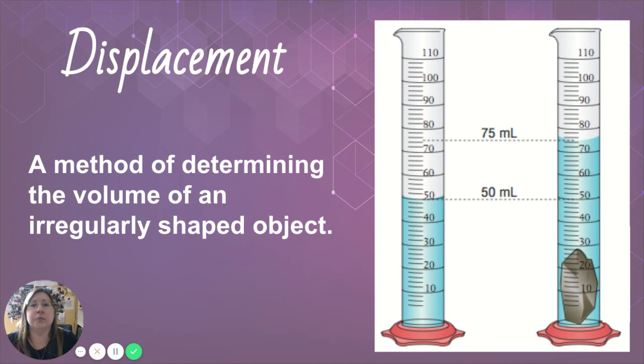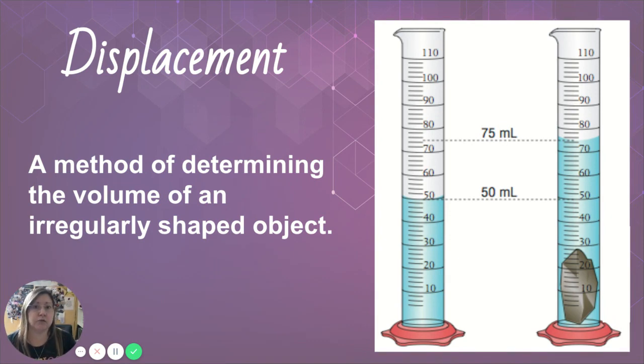Another method of determining volume is displacement. Displacement is when you have a liquid like water, and then you put another object into that water, and the water level changes, the water level increases. For example, if you run a bathtub full of water all the way up to the tippy top of the bathtub, if you sit down into the bathtub, that water's going to overflow.